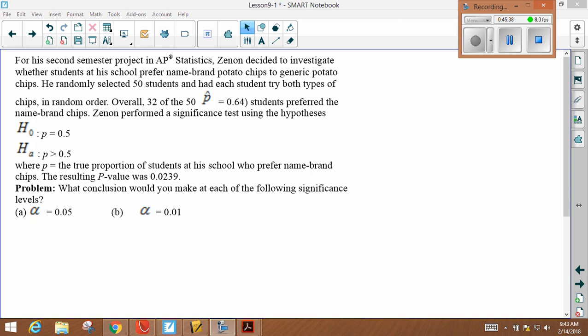He performed a significance test using the hypotheses. His null hypothesis was that p was 0.5, meaning that there's no preference. It's like flipping a coin. And the alternative hypothesis was that his proportion of the population is greater than 0.5, meaning that there is a preference, and that preference is towards name brand chips.